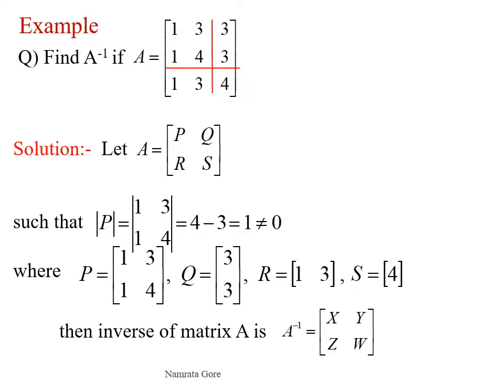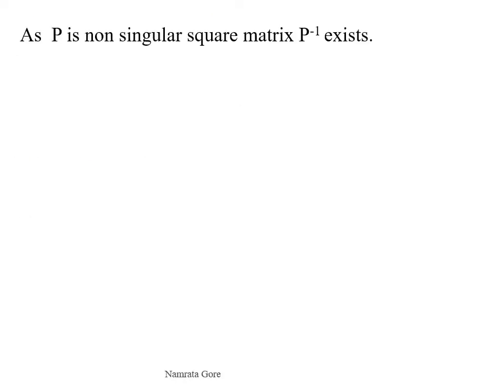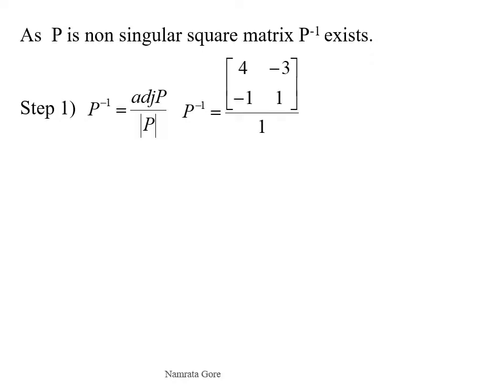So as we have seen, we have written P, Q, R, S, we have written A inverse, and now P inverse we need to calculate as adjoint of P upon determinant of P. The adjoint of a 2 by 2 matrix is obtained by interchanging the diagonal elements and changing the signs of the non-diagonal elements. So we get P inverse as 4 minus 3 minus 1 1.